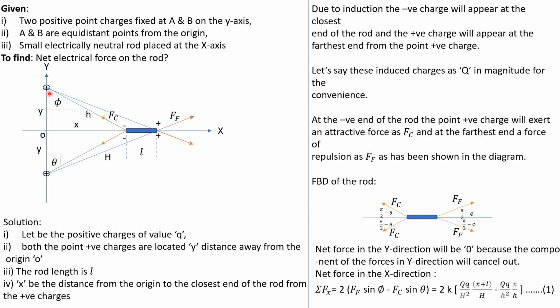Same way, this positive charge will have a repulsive force on the extreme end of the rod, and this force has been shown as FF, F subscript F, that is farthest side. These two forces again will be equal in magnitude because the distance of this end from this charge and this charge will be the same.